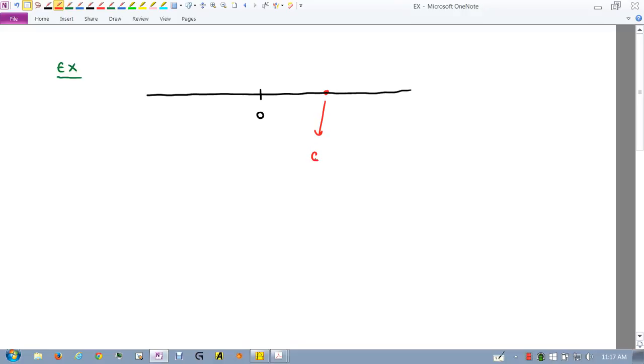I'm just going to pick that constant out of there. That number can be one of two things. It could be a rational number, or it could be an irrational number.